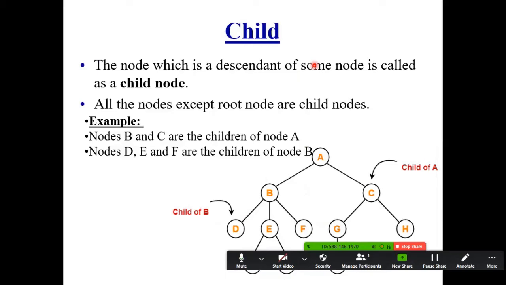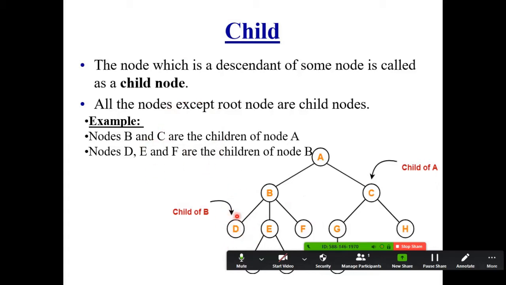What is a child? The node which is a descendant of some node is called a child node. All the nodes except the root node are child nodes. Look at these examples.